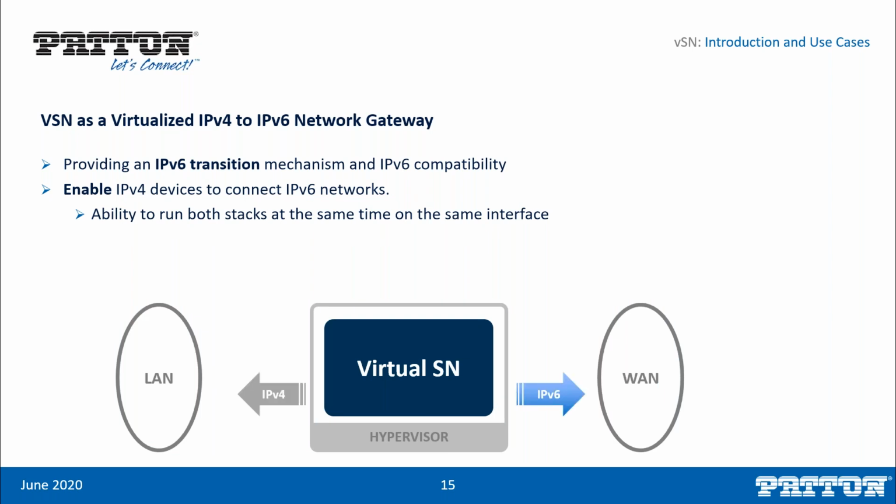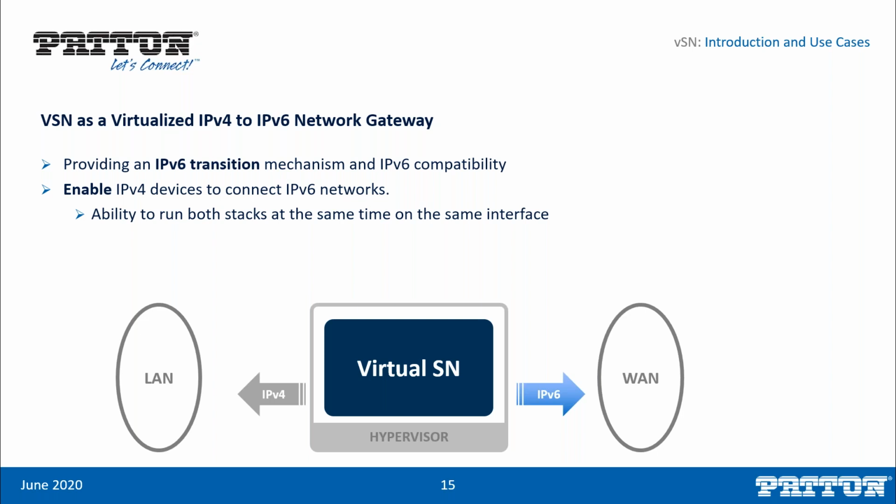Then the next use case here is the IPv4 to IPv6 network gateway, the one I just mentioned before. So there are still networks running based on IPv4, and more and more there is a need for having access out of these networks into IPv6 based networks, and for that the Virtual SmartNode can also be a perfect solution.